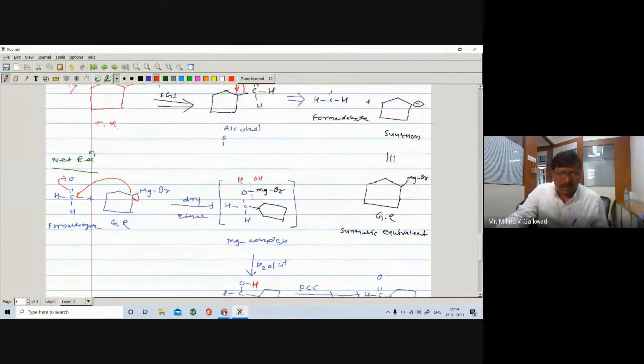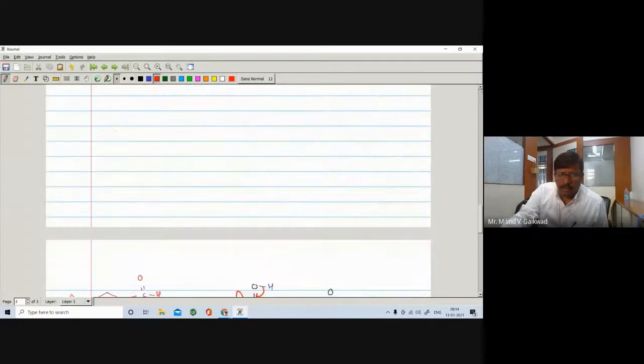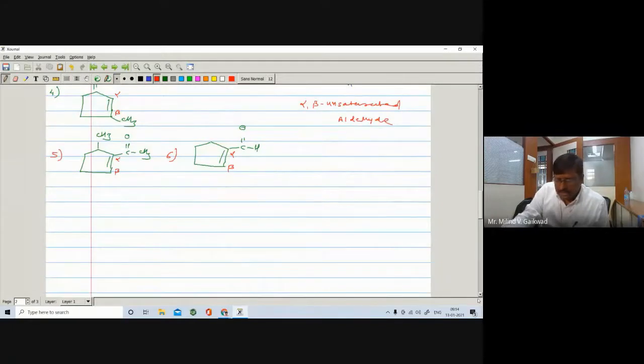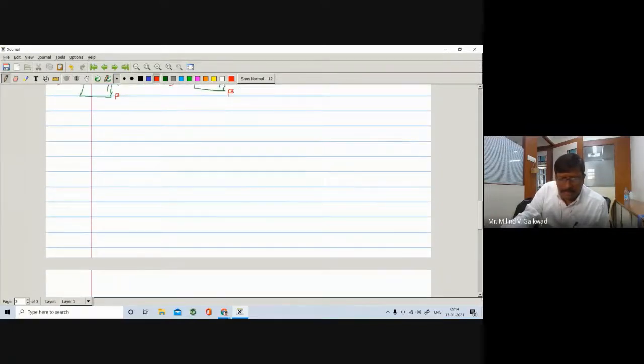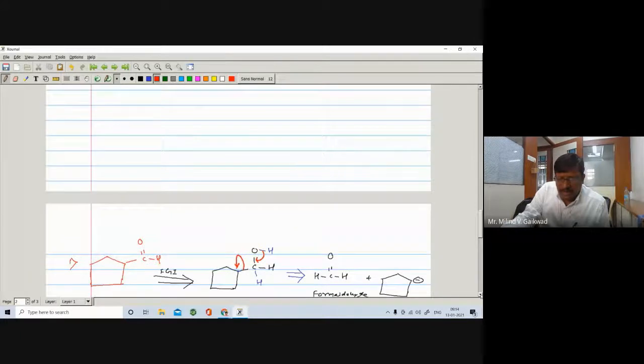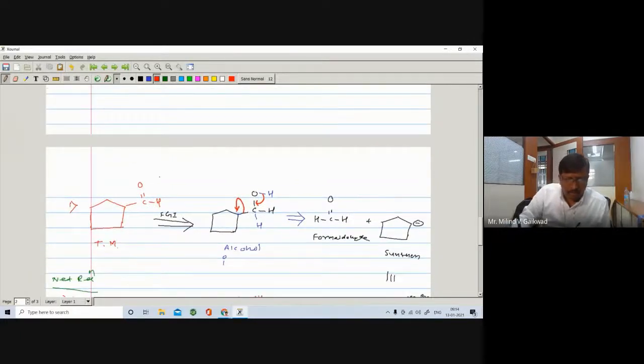So just here what you have to do, we have to replace the H of aldehyde by CS3. So this H you have to replace by CS3. If you replace this H by CS3, you are getting again the next type of example.